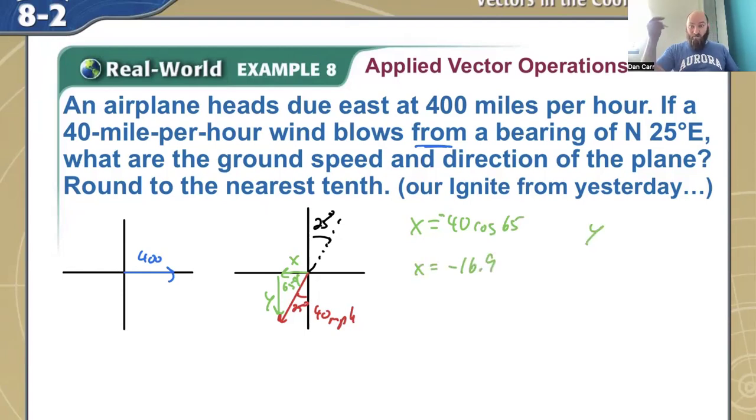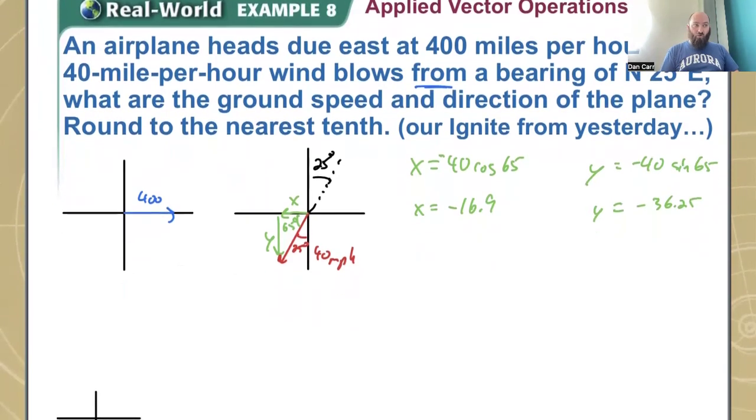For my y component, same thing. We're going south comparatively, so we can call that a negative direction. So negative 40 times the sine of 65, which comes out to negative 36.25. So this vector is 400, 0, and this vector is negative 16.9, negative 36.25.